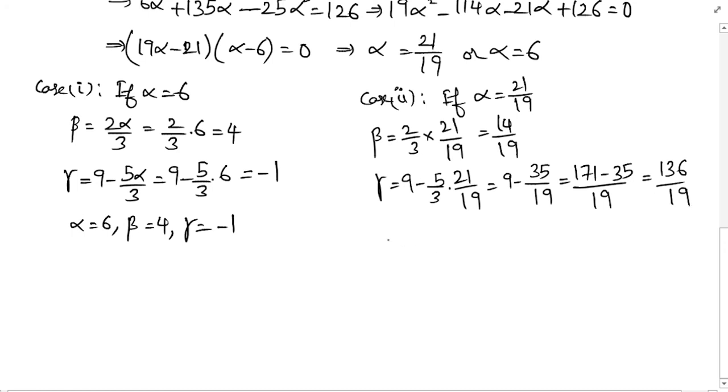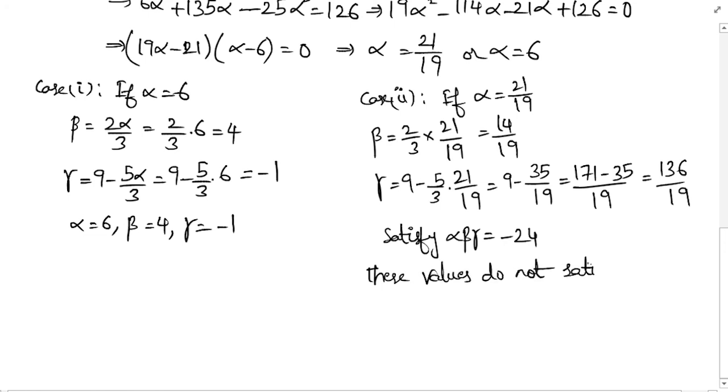These values do not satisfy alpha beta gamma is equal to minus 24. So the roots are 6, 4 and minus 1.